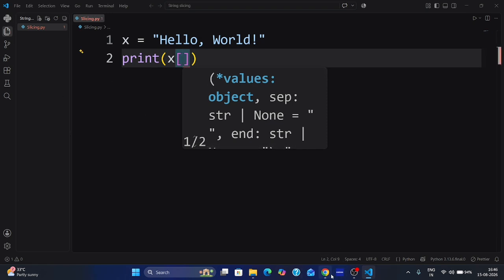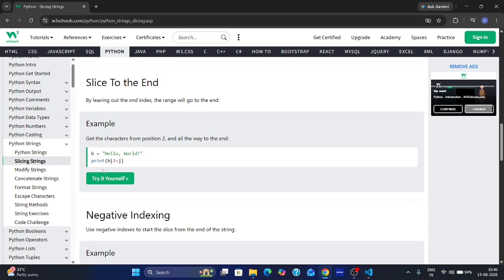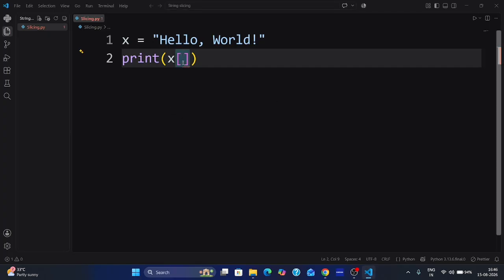From the question you can see there is given from position 2 all the way to the end, from 2 to the end. Okay, so what we write: from 2, starting is 2, put a colon here, after that the end, means you don't have to mention it here, it will go up to the end.